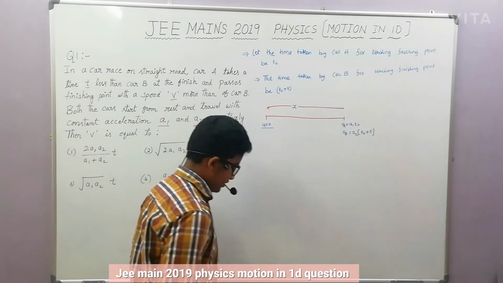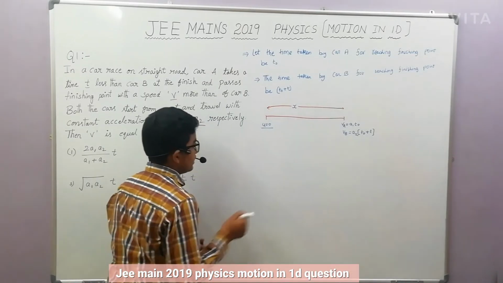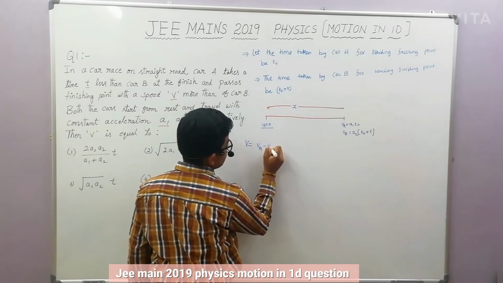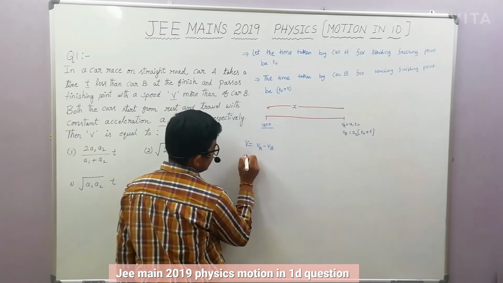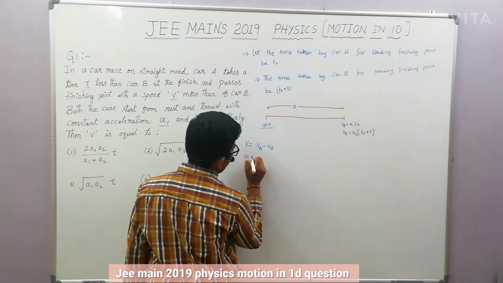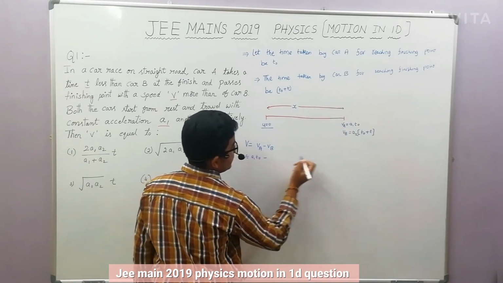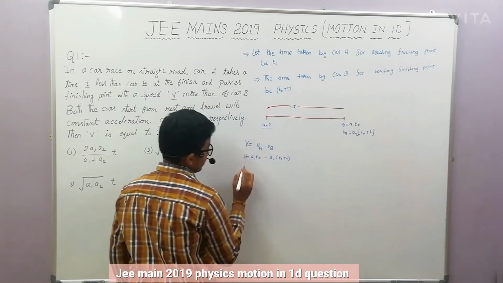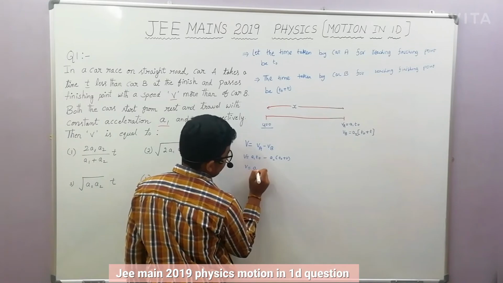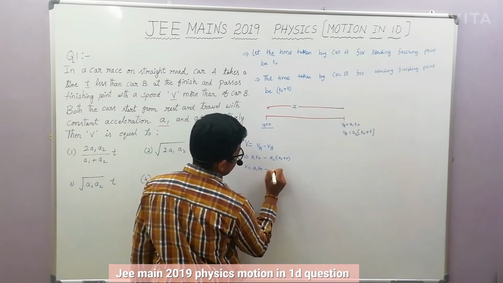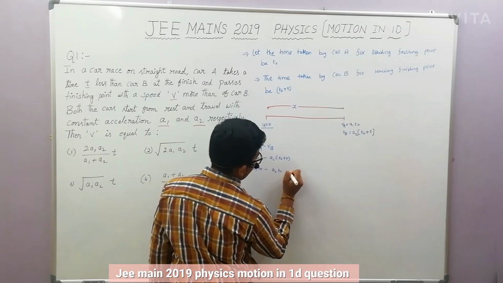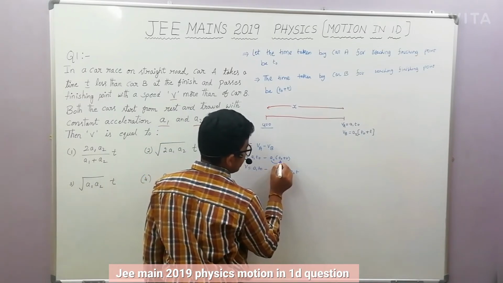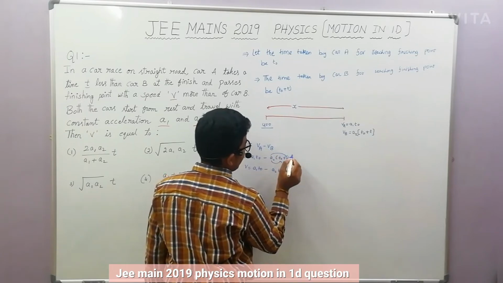So from here, the actual final velocity v is equal to VA minus VB. V is equal to VA, which is a1 t naught, and VB is a2 into t naught plus t. So v is equal to a1 t naught minus a2 t naught minus a2 t, multiplying a2 inside the bracket.